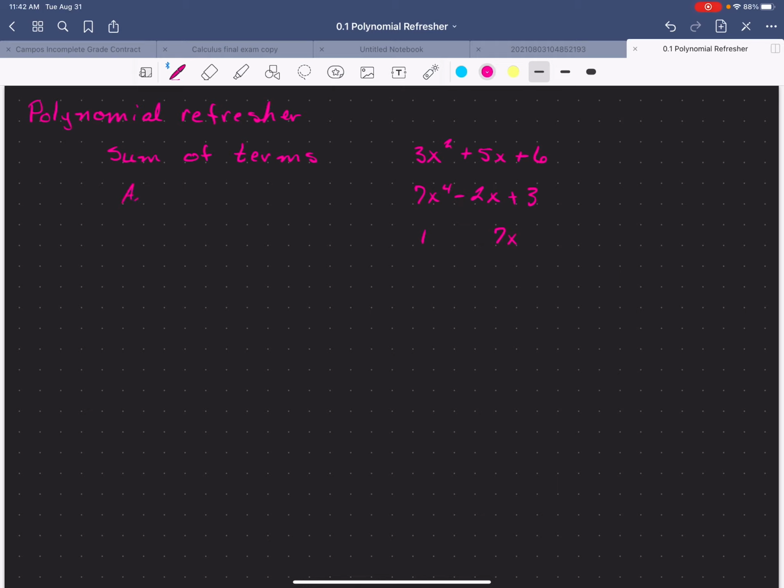The things that all of these have in common: all exponents applied to variables are positive integers.